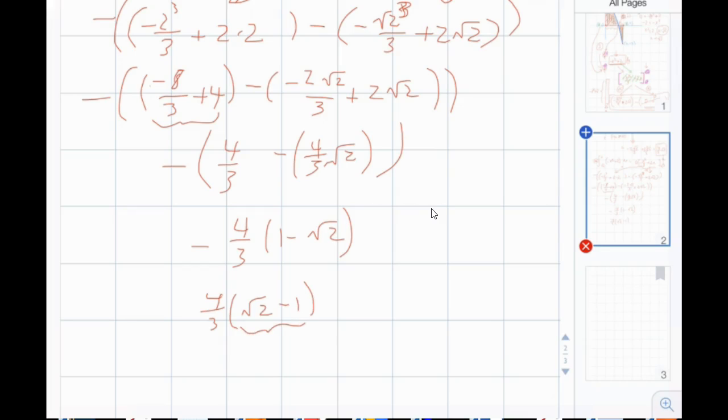And so this is going to be 1.414 minus 1 is 0.414 times 4/3. It'll give you a decimal answer if you multiply it out.